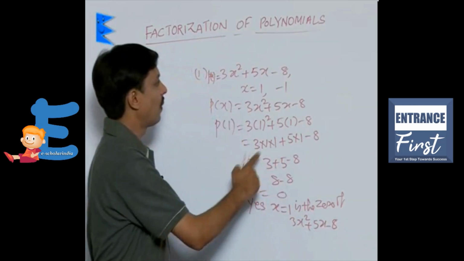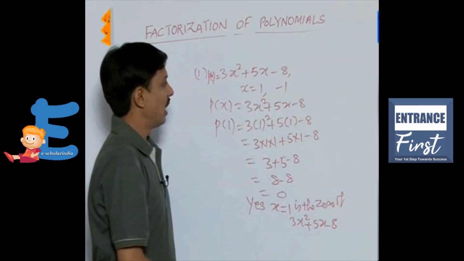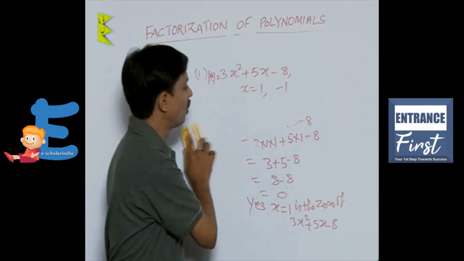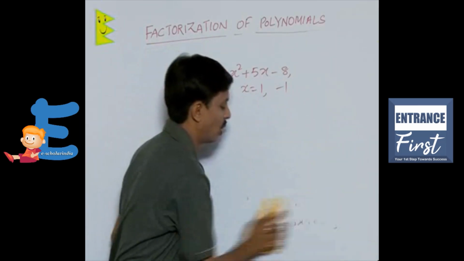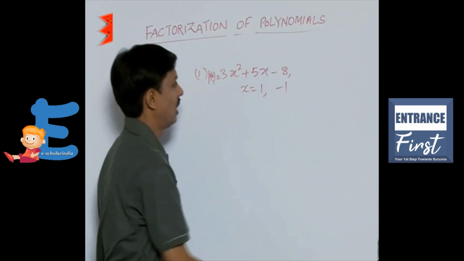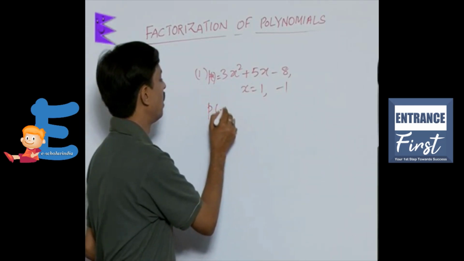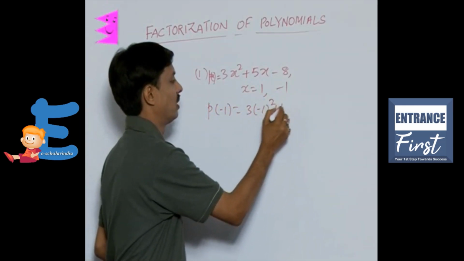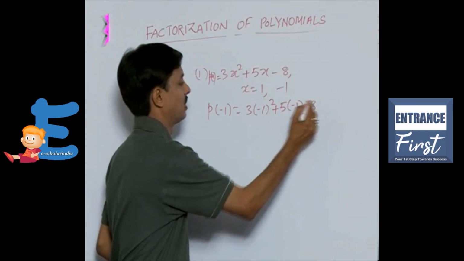Now if I want to check whether x equal to minus 1 is its zero or not, I have to put minus 1 in place of x. So that will be p of minus 1 is equal to 3 into minus 1 whole square, minus 5 into 1, minus 8.